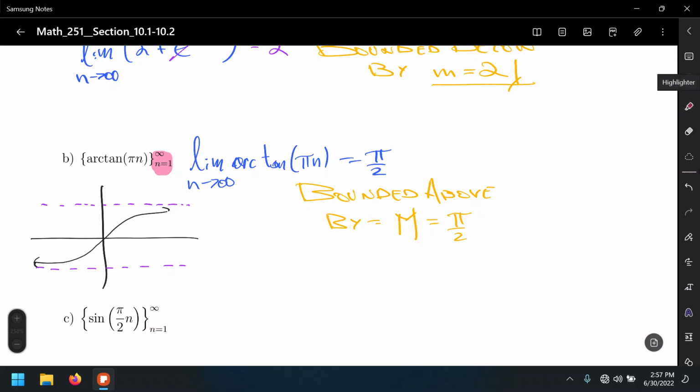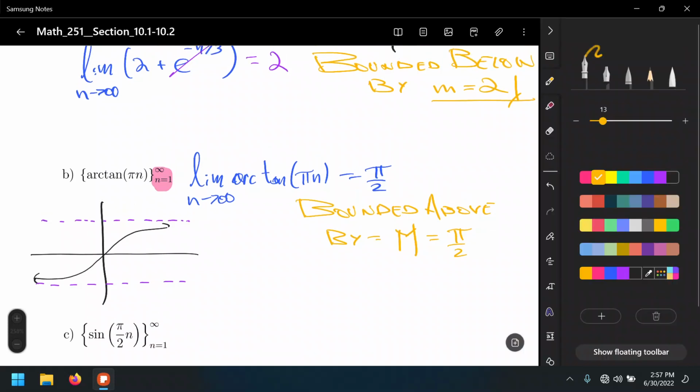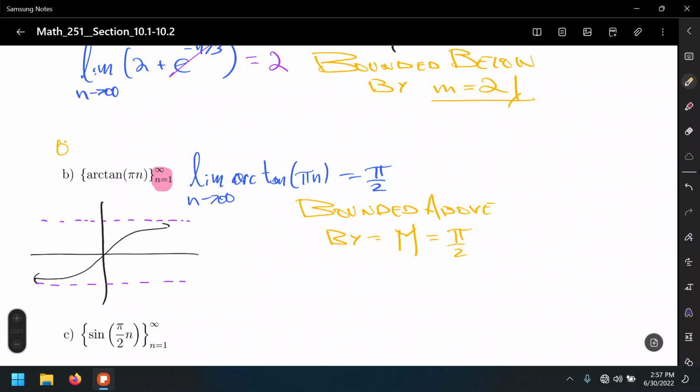If we had arctan of pi n going from n equals negative infinity to positive infinity, then we would be looking at both bounds. But because we're looking at the end behavior of the sequence, only towards the right side, the bound is going to be positive pi over 2.